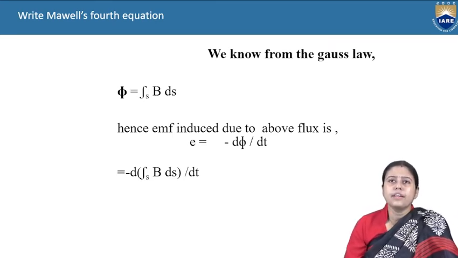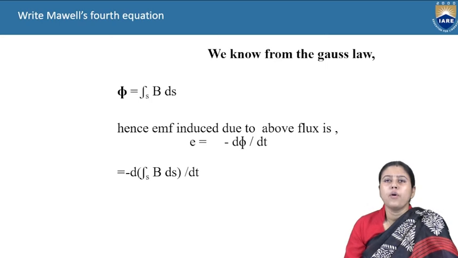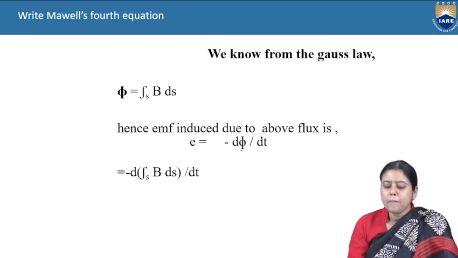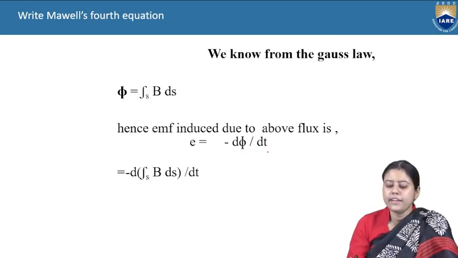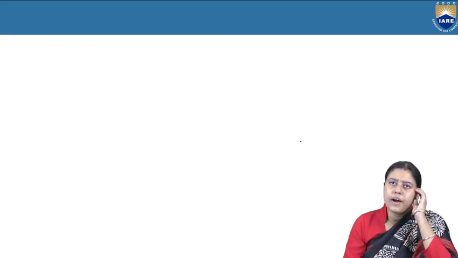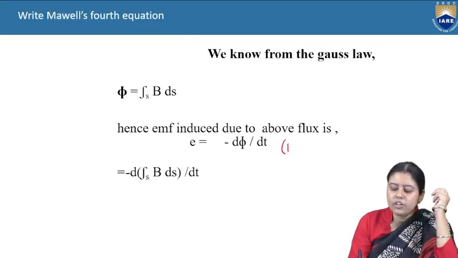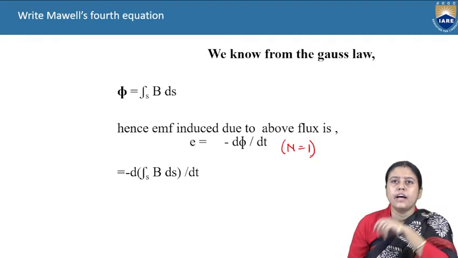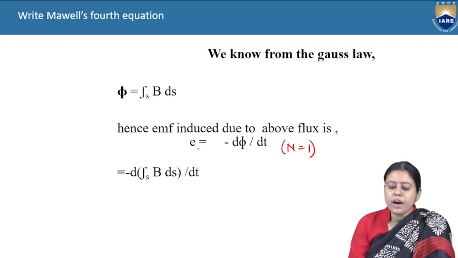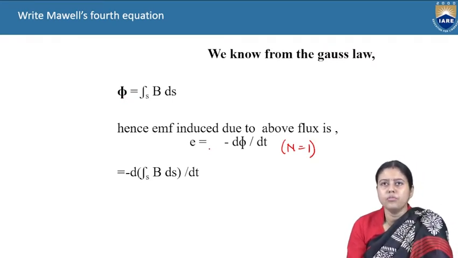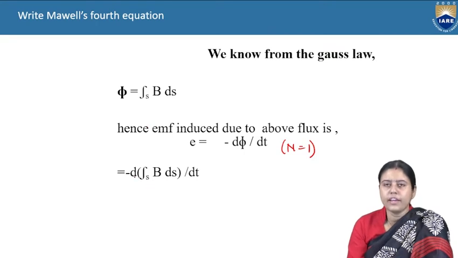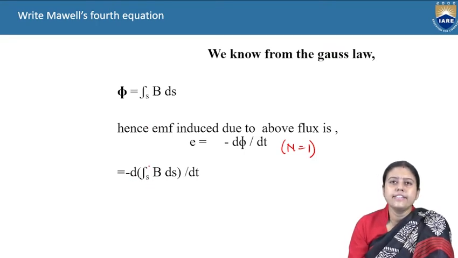And from the previous section we got E is equal to minus d phi by dt when number of turns N is equal to 1. Now if we substitute the value of phi here, we get minus d by dt of integration of B dS.